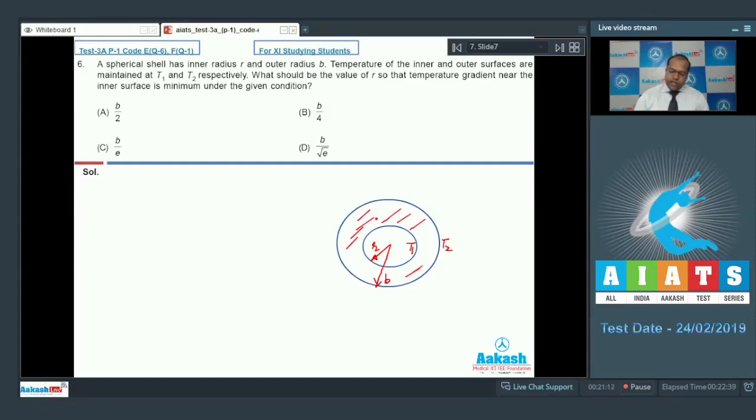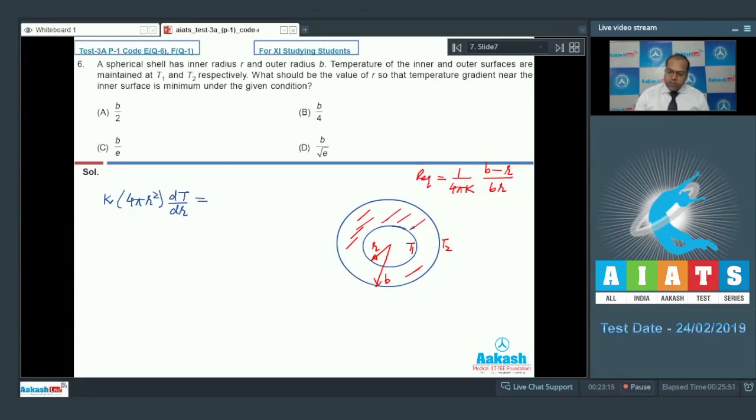We know that the equivalent thermal resistance of this combination is given by 1 divided by 4 pi K into (R2 minus R1) divided by R1 R2. So in this case I can write (b minus r) divided by b r. The rate of heat flow is given by K A dT by dx, or dT by dr. So the rate of heat flow is K into A, where the area is 4 pi r squared, into dT by dr, that is the temperature gradient.